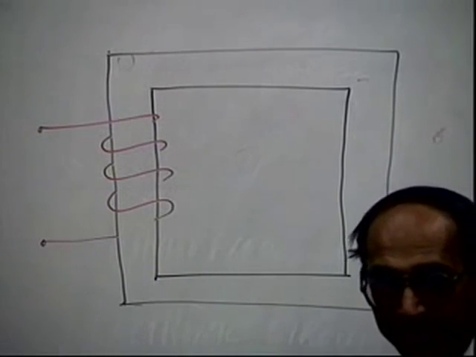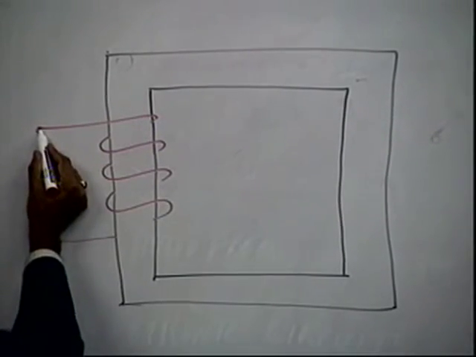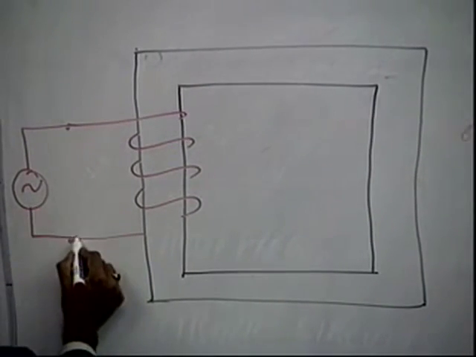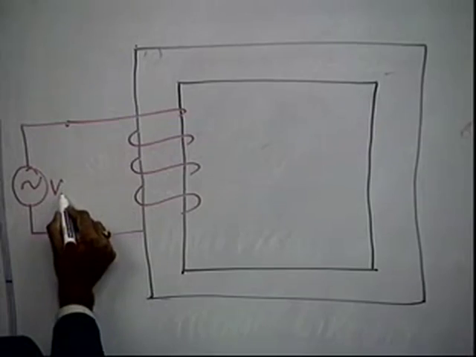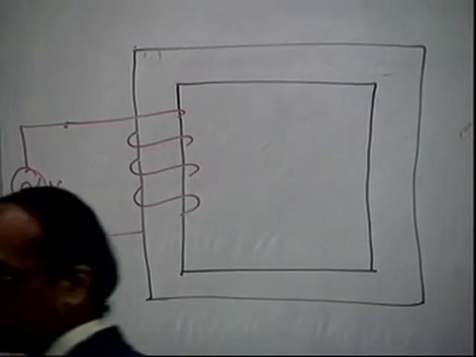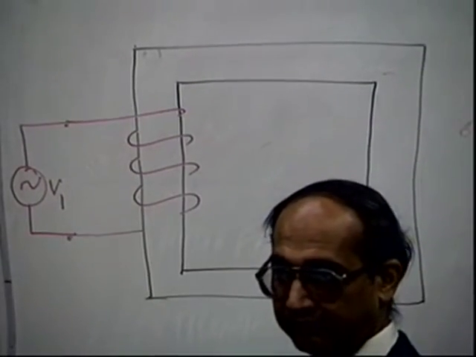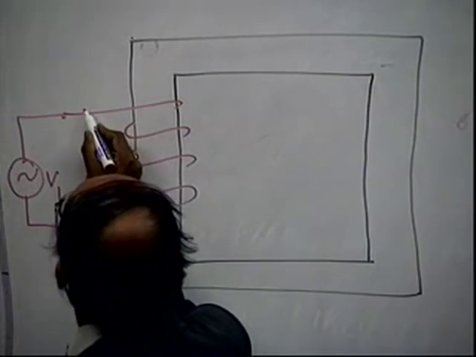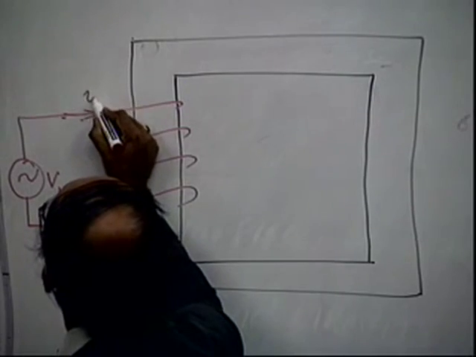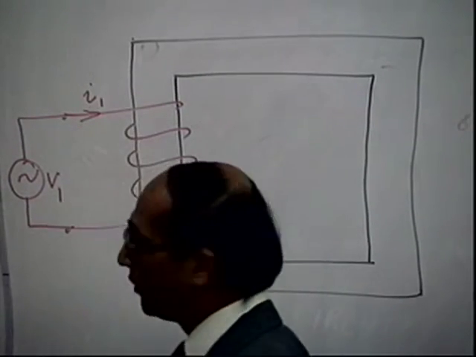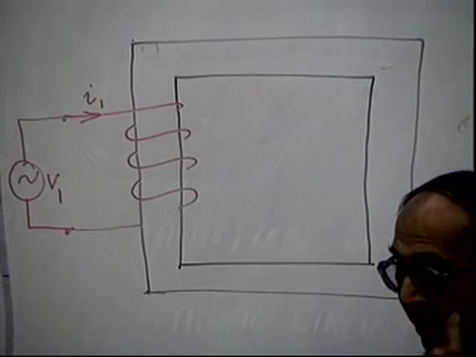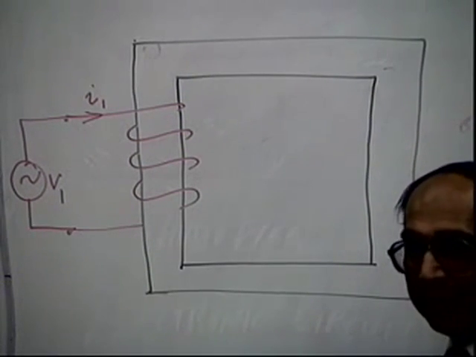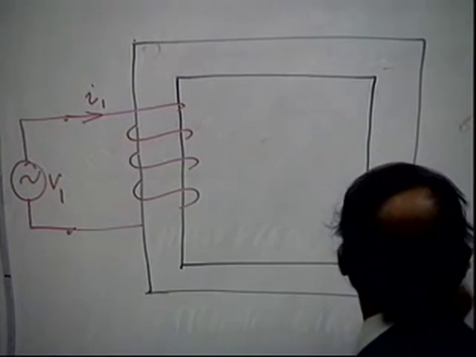There is a winding and you apply a voltage to one winding, let us say V1, at a fixed frequency, and it will draw a current I1. Then we said there should be more than one winding, so let us put another winding.